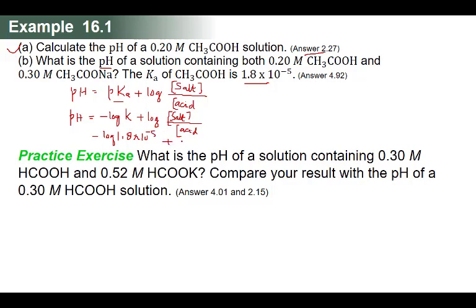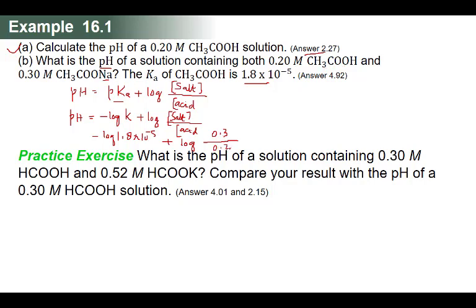Plus log, and then the salt upon acid. When you see sodium, it means it is the salt, so 0.3, and the acid is CH3COOH, acetic acid, which is 0.2.